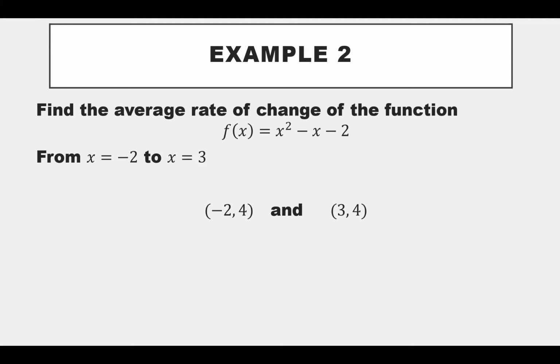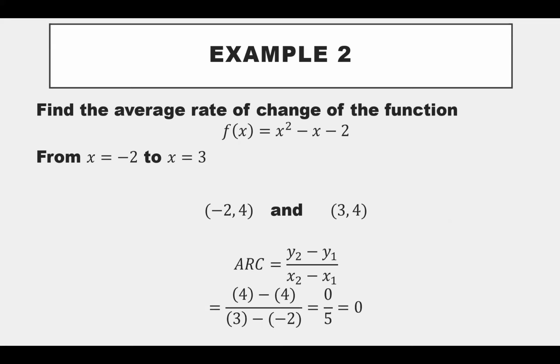We've already seen that the function goes through the point 3, 4 as well. If I'm trying to find the average rate of change, the difference in y values is going to be 4 minus 4. The difference in x values is going to be 3 minus -2, which gives me a 0 over 5. So the average rate of change from x equals -2 to x equals 3 is 0.